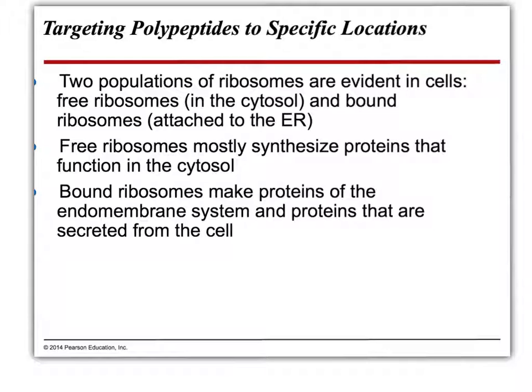So if a cell needed to make a transmembrane integral protein in the membrane, would it make it free-floating at a ribosome in the cytosol, or already part of the membrane in the endoplasmic reticulum?